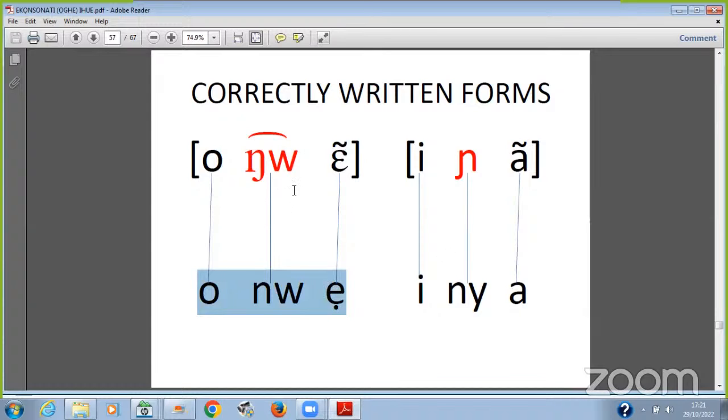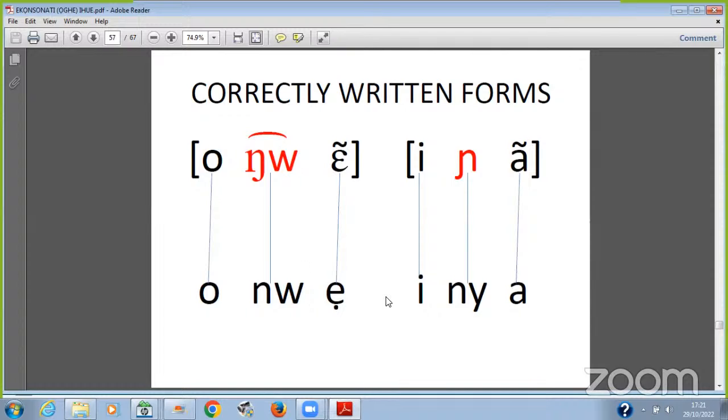This NW is not new. It has been in the Edo orthography, as you will find in Mezia, published 1937. Then you have it in Thomas and another author, who published their own work around 1909.